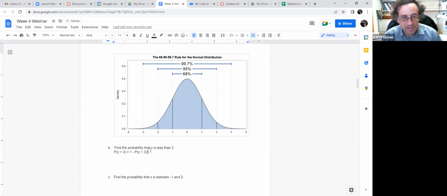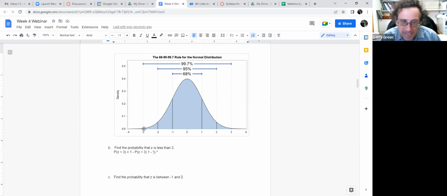So what we can do is we can say that's equal to 1 minus 1/2, because if we get something twice as much, we get to divide by 2, times the probability that we're either less than -3 or greater than 3.